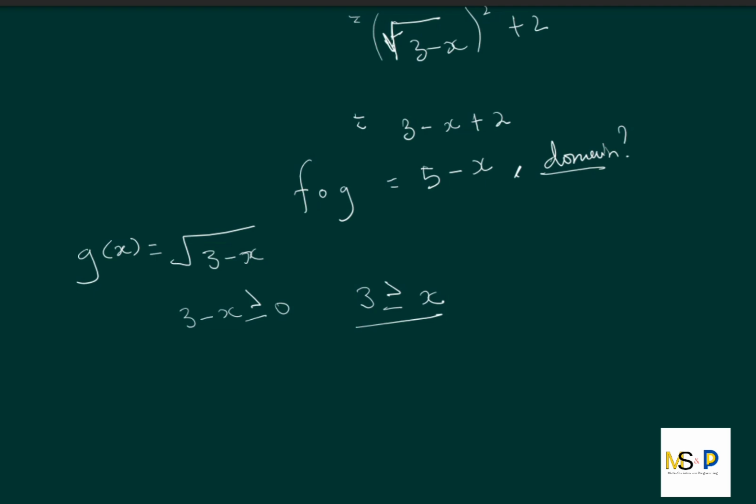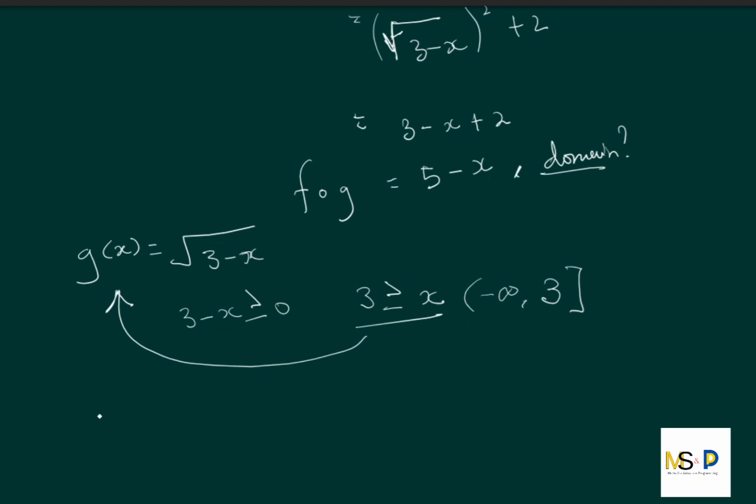This is going to be the domain for g of x, right? So these are numbers that are less than or equal to 3. So it's running from negative infinity to 3 inclusive. 3 is the maximum. So this is the domain.